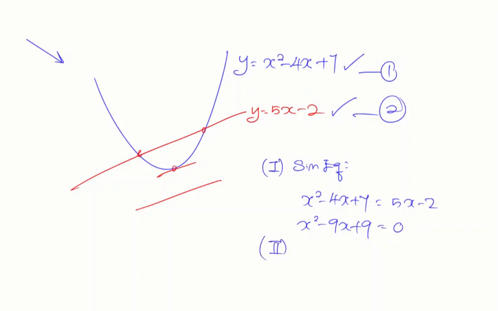Step number 2 is to find b squared minus 4ac. If you just want to know whether they touch at 2 points, 1 point or no point, find the discriminant. b squared minus 4ac is more than 0. 45. 45 is more than 0. So they cross at 2 points.